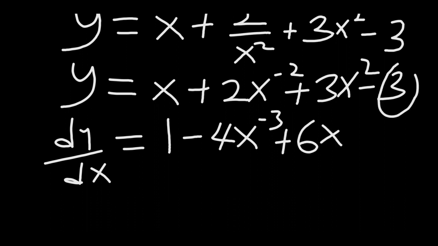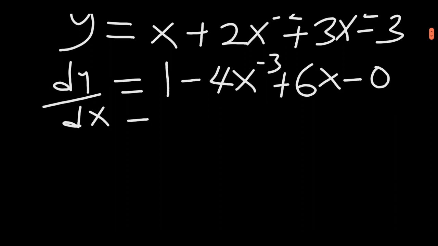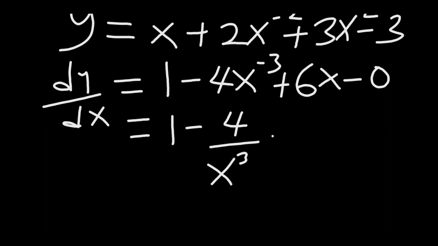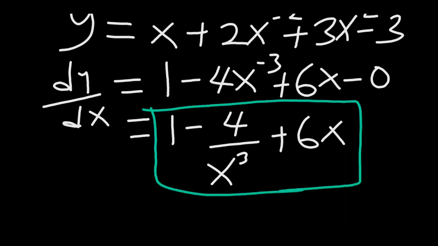If I differentiate the constant, I'll get 0. So minus 0. Finally, I'll be having 1 minus 4 over s to the third power plus 6s. So this is the answer to the last example in this tutorial.